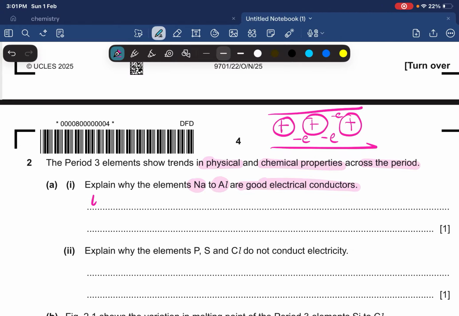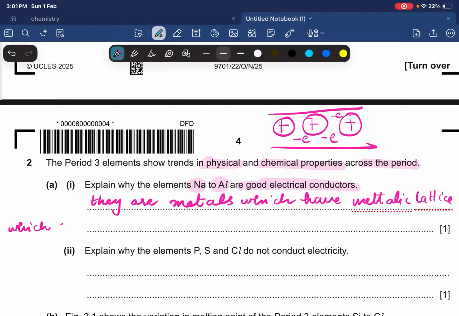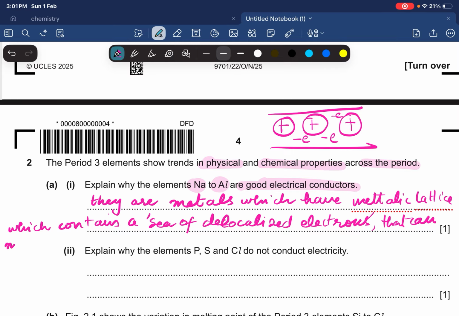Because firstly, we're going to tell that they are metals, which have a metallic lattice, which contains a sea of delocalized electrons that can move through the lattice to conduct electricity. Or you can tell the examiner that these are mobile electrons.